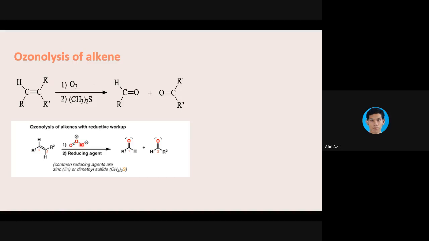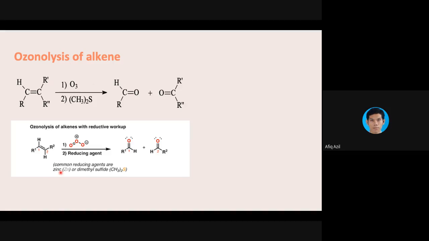And you must also have a reducing agent. In the first example, dimethyl sulfide can be used, or another type of reducing agent that you can use is also zinc. You can also use zinc as well.